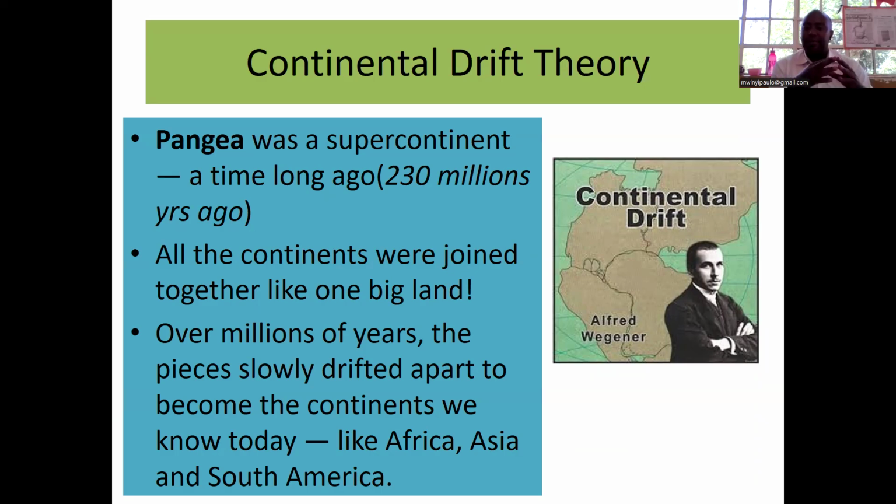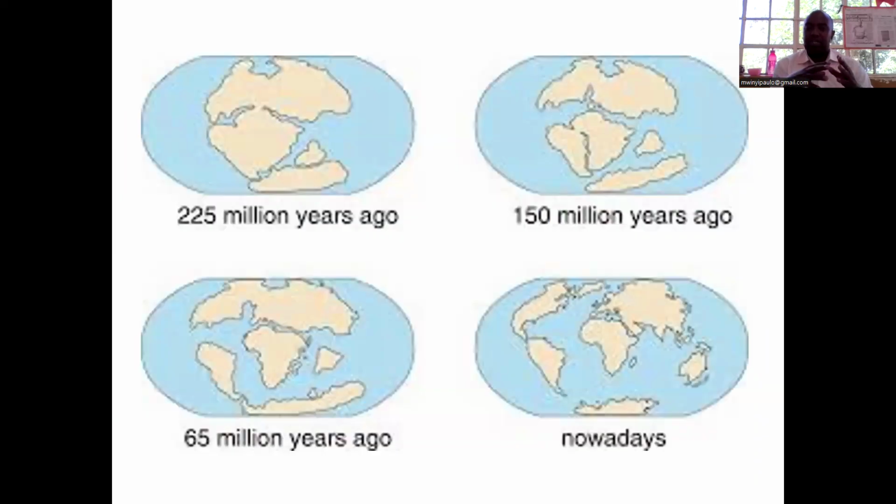and South America. And the originator of this continental drift theory was known as Alfred Wegener. He's the one who came up with this theory. So now you know what Pangea is. On your screen, I'm showing you where we started with one supercontinent, which we've referred to as Pangea, over 225 million years ago.